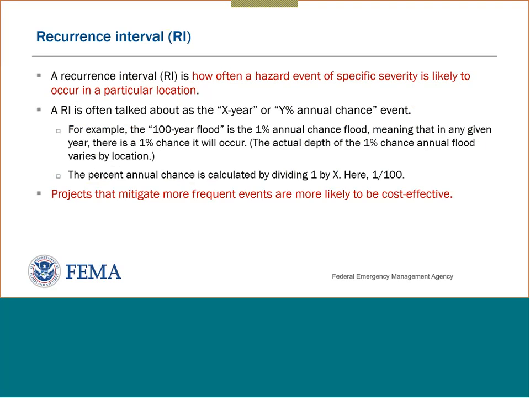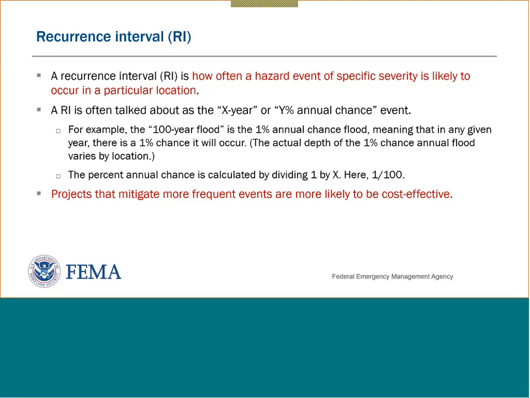As we relate this to some of the work that we do in our communities, you might hear talk about an event that was a 100-year flood, or had a 1% annual chance of a flood. It's based on the probability that the given event will be equaled or exceeded in any given year.